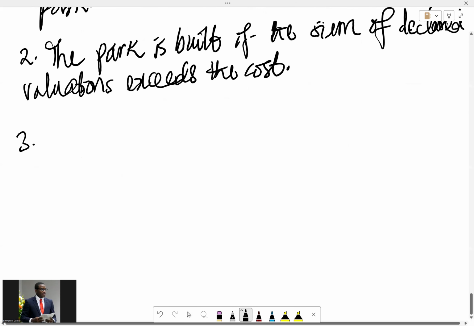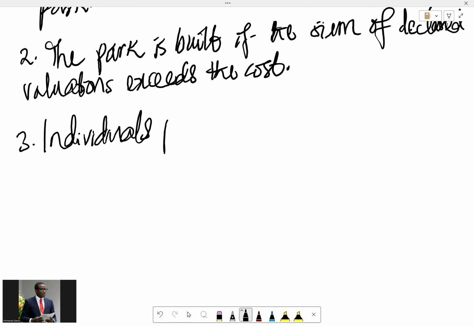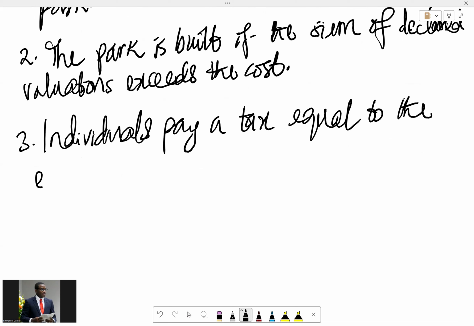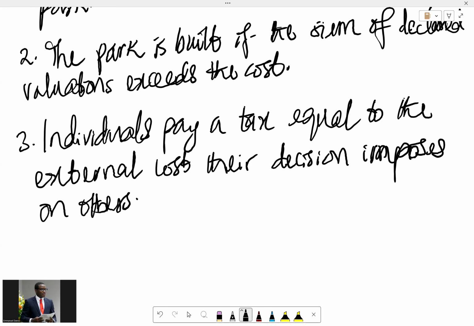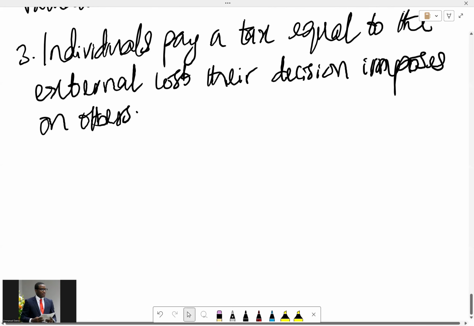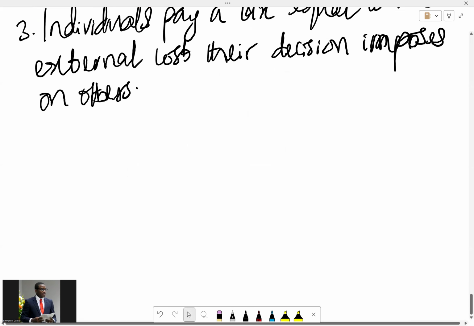Then number three, individuals pay a tax equal to the external costs their decision imposes on others. Okay. So how do we analyze this situation?